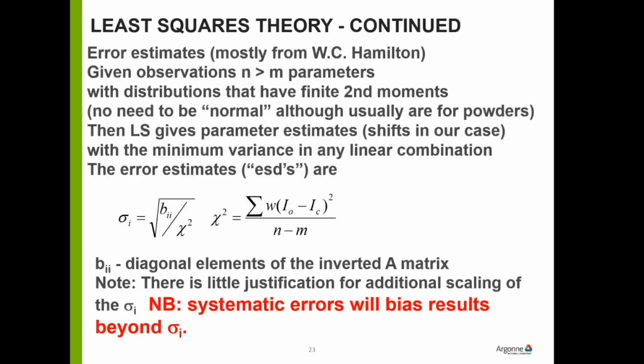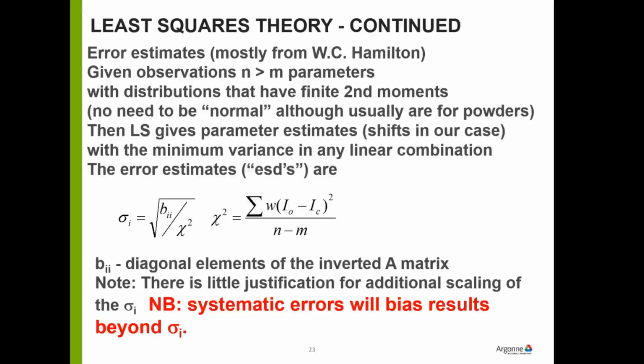Okay. A little bit about the error estimates. Thanks to Walter Hamilton back in the 1950s. Given a whole lot of observations relative to parameters with distributions that have finite second moments, then the parameter estimates come out of the diagonal terms of the matrix here when normalized by the reduced chi-squared, which is this guy here.